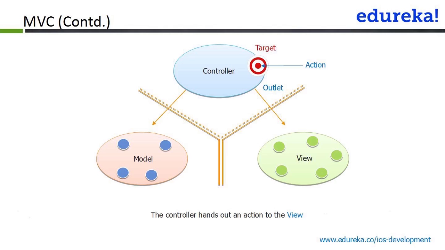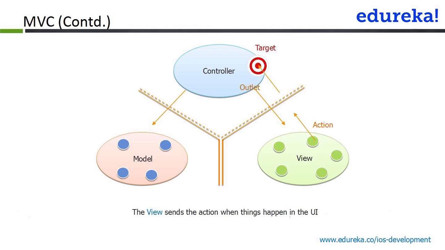So that is how I, as a programmer, will tell my controller that when this action happens, there are certain things to be performed by the controller within the controller file. So that is the significance of actions. So basically it means the controller has handed out an action to the view. And who does this action? The user. And this action is then sent to the controller by the view.